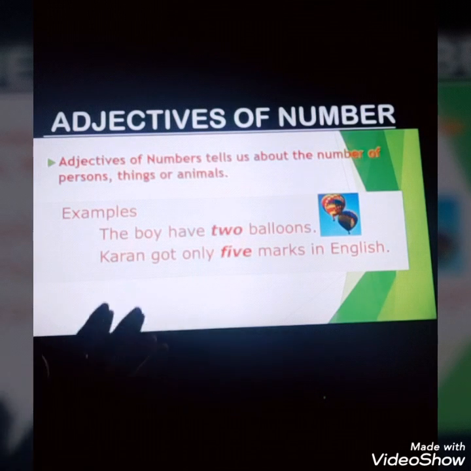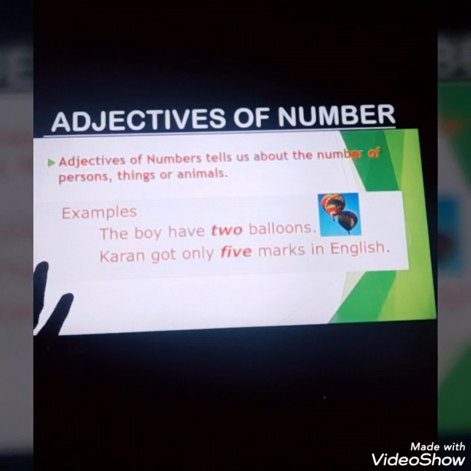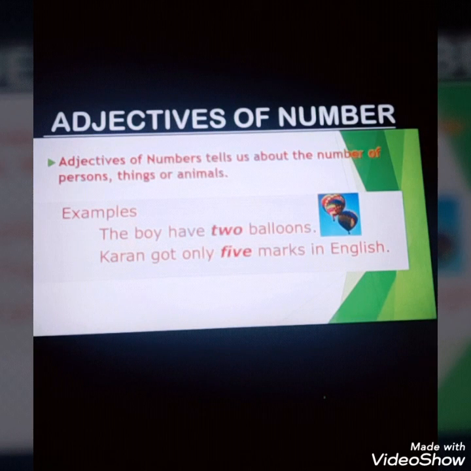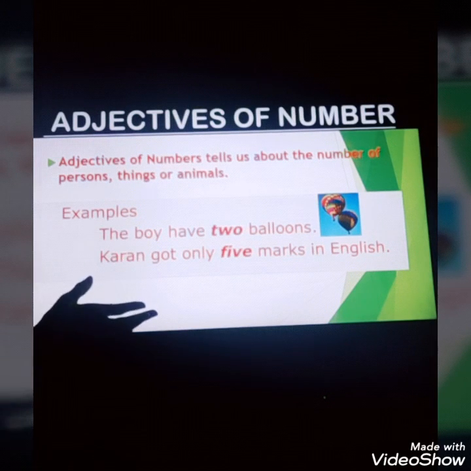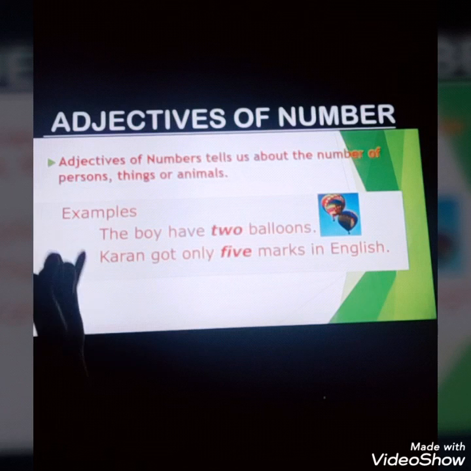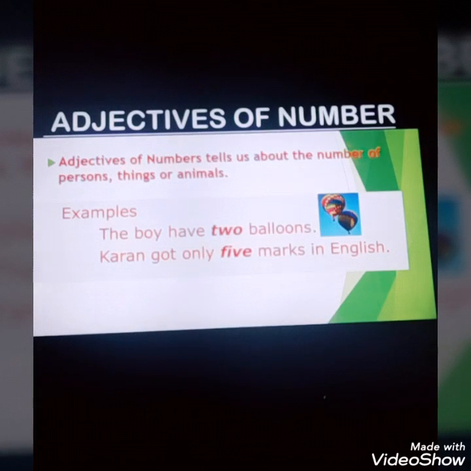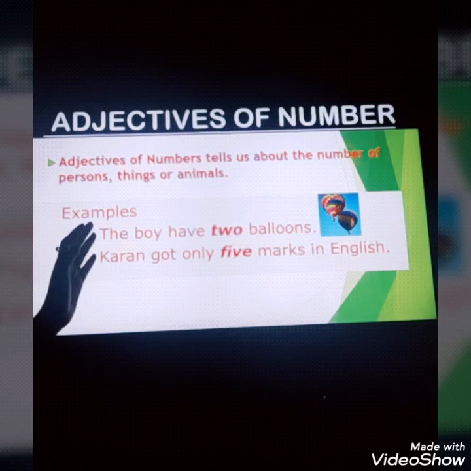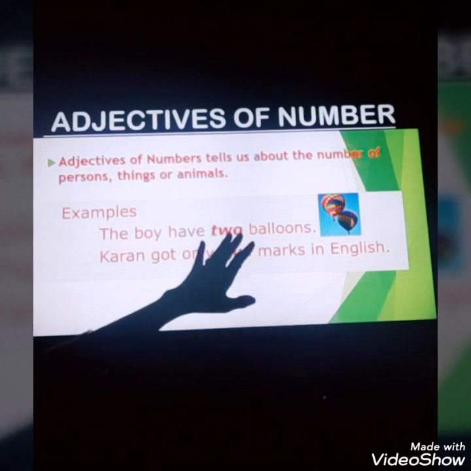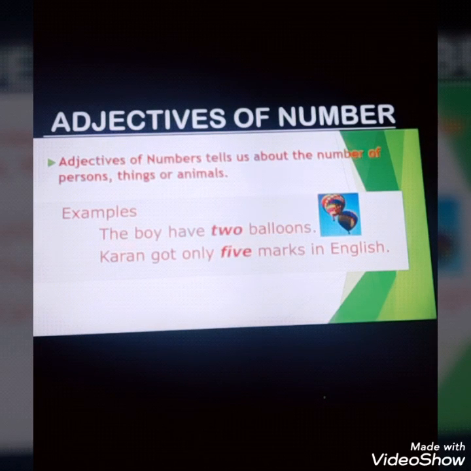Adjective of quantity tells us how much the quantity is, but adjectives of number tell us the appropriate numbers. It gives the answer of how many. Adjective of quantity gives us the answer of how much, and adjective of number gives us the answer of how many. The boy has 2 balloons. How many balloons is the boy having? He is having 2 balloons.